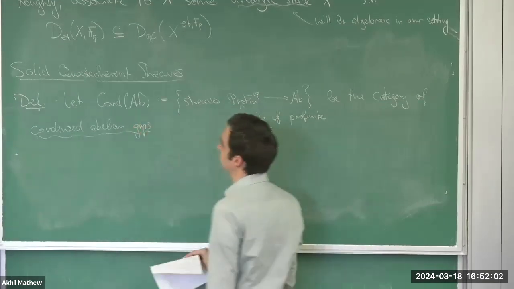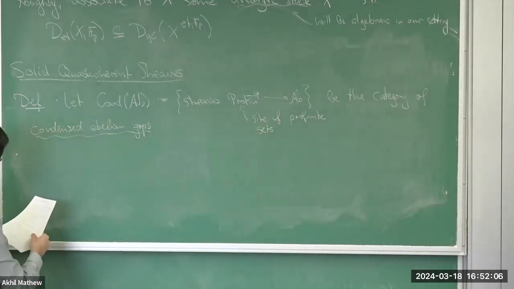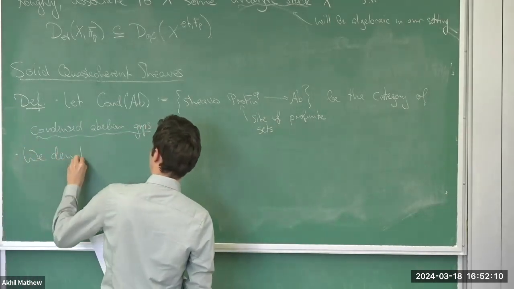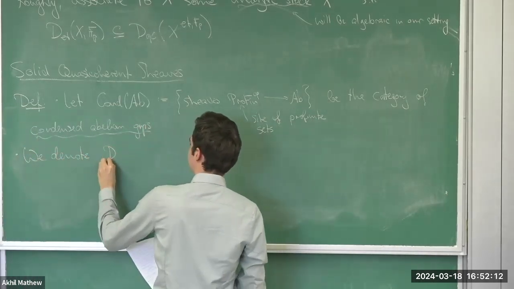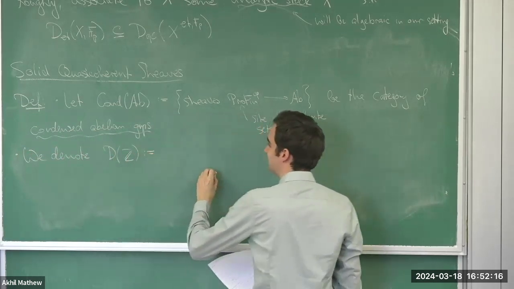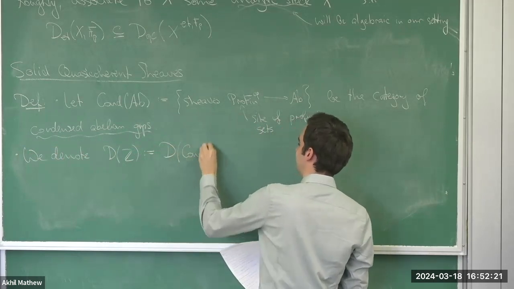And I'll usually not care about the abelian category, I'll go to the derived category throughout. And maybe this notation is slightly provocative. I fully embrace the condensed setting, so here D is the derived category.